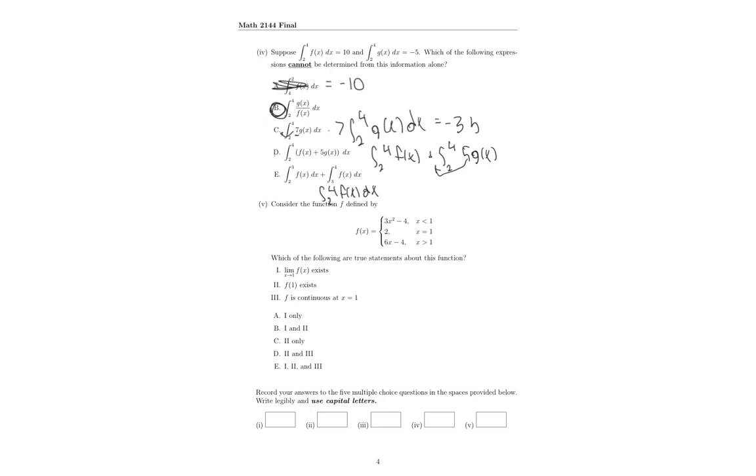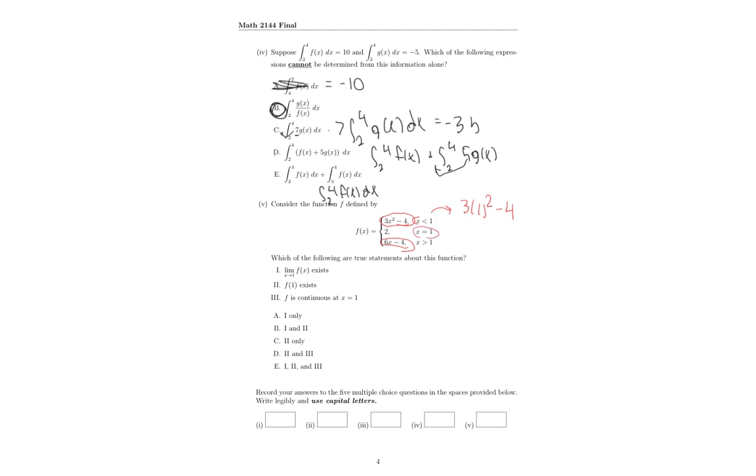Well, the limit existing means that from the left side and the right side, they're going to be equal. From the left side, when x is less than 1, we're going to have this equation. From the right side, we're going to have this equation. So as we plug in numbers closer and closer to 1 on each side, am I getting the same value? Just for the sake of getting close, let's evaluate this at 1. Technically we can't, because if it equals 1, we're here.